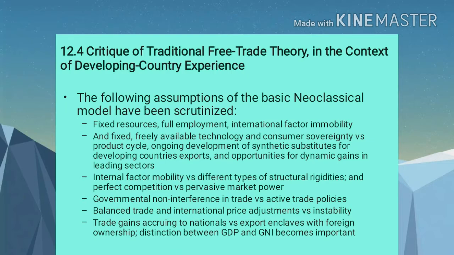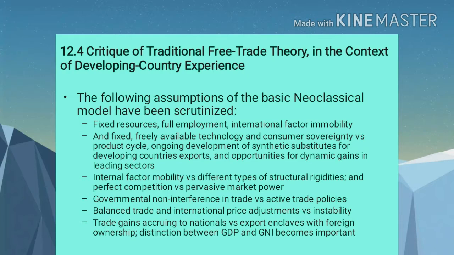So, una nga dito yung fixed resources, full employment, international factor immobility. Next is fixed, freely available technology and consumer sovereignty versus product cycle, ongoing development of synthetic substitutes for developing countries' exports, and opportunities for dynamic gains in leading sector. Then, internal factor mobility versus different types of structural rigidities, and perfect competition versus pervasive market power.